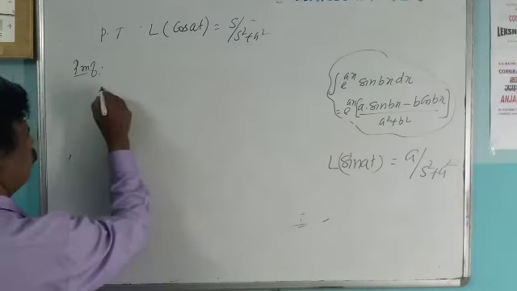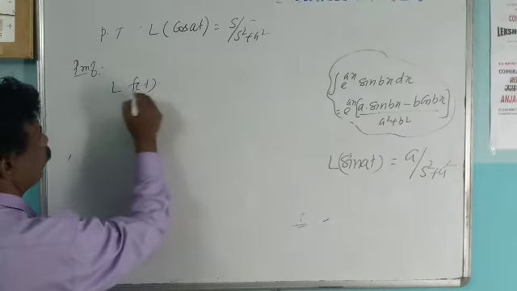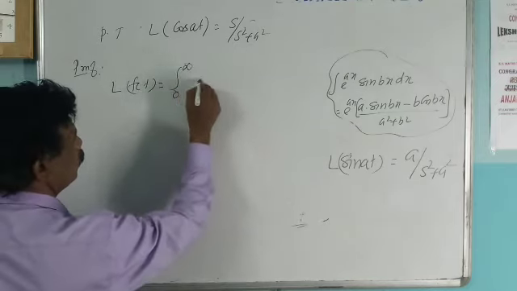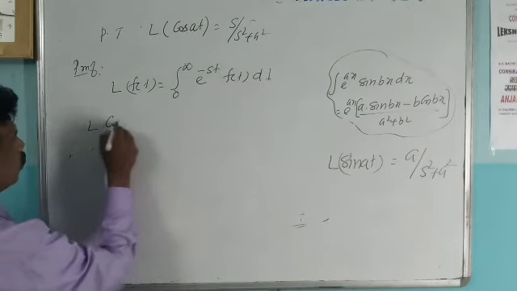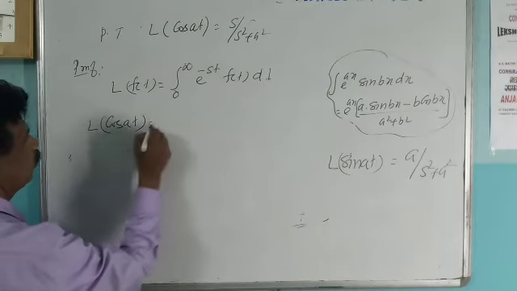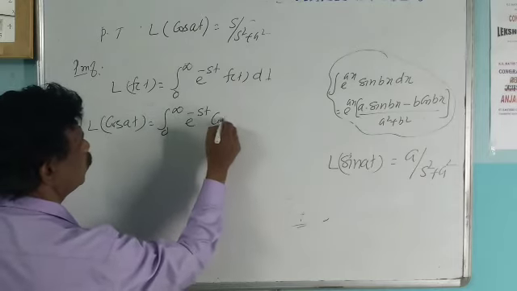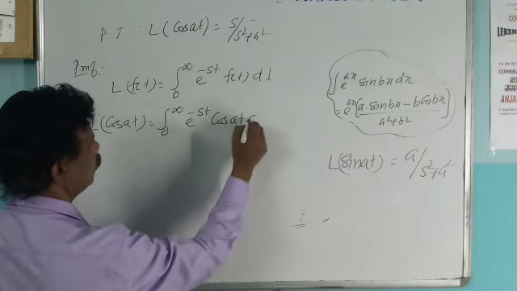By the definition of a Laplace transform, Laplace of f of t equals the integral from 0 to infinity of e raised to minus st f of t dt. So Laplace of cos at equals the integral from 0 to infinity of e raised to minus st cos at dt.